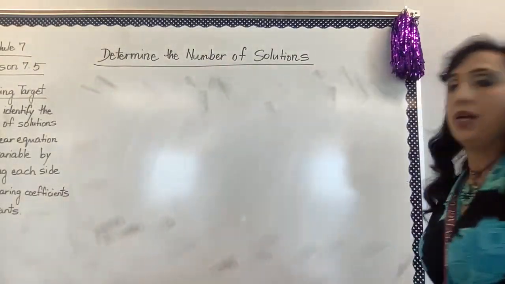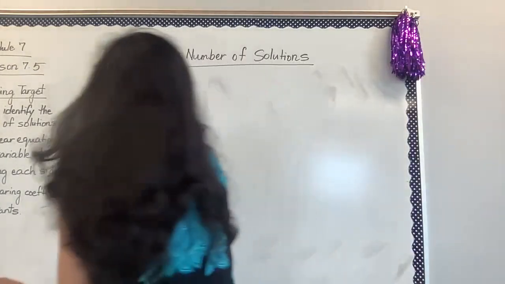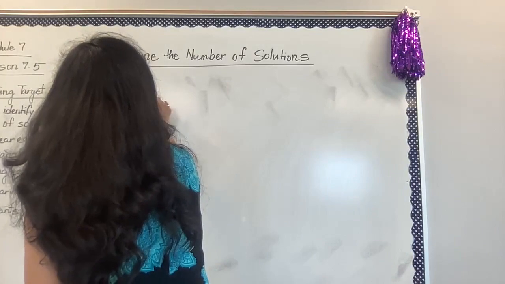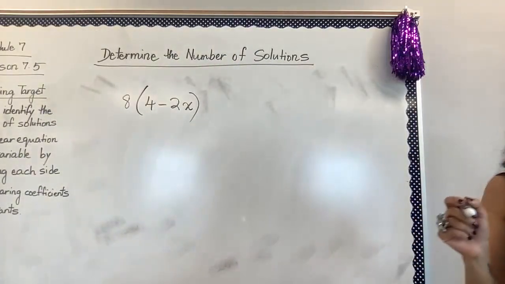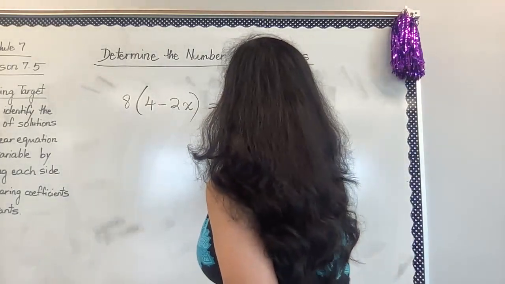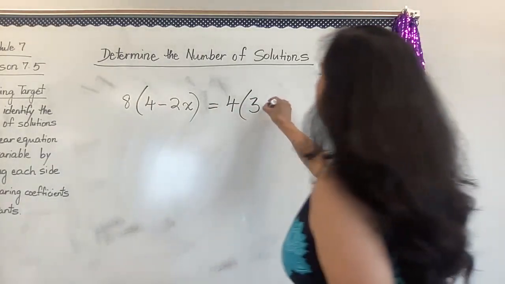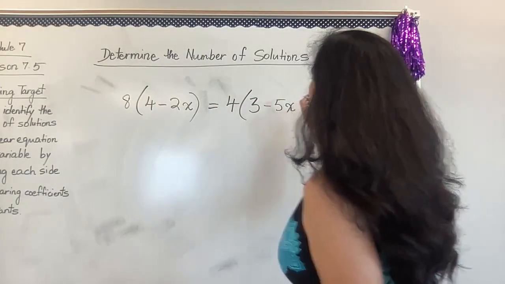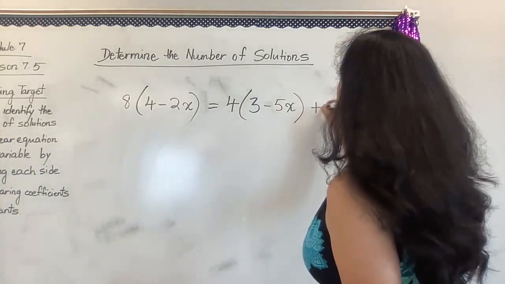Okay, so if I give you 8 times 4 minus 2x is equal to 4 times 3 minus 5x plus 4x.